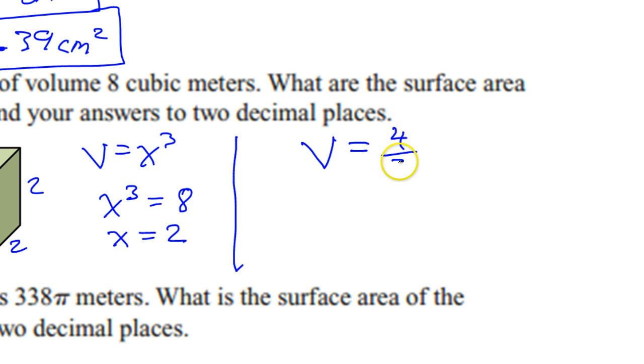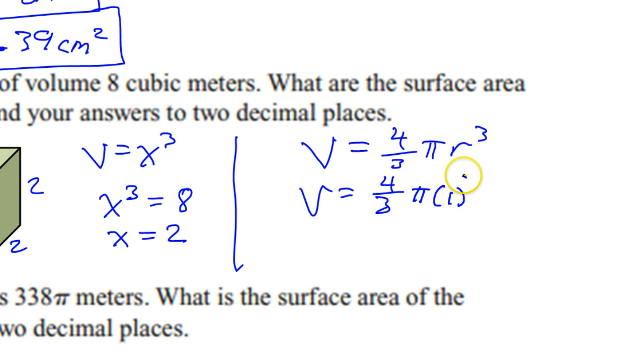So now if I want to find the volume of my sphere, the volume is 4/3 pi r cubed. All right, but the radius is 1. So that would be 4/3 pi times 1 cubed. What's 1 to the 3rd power? 1. It's just 1. And do I even need to really write the 1 down? No, sir.